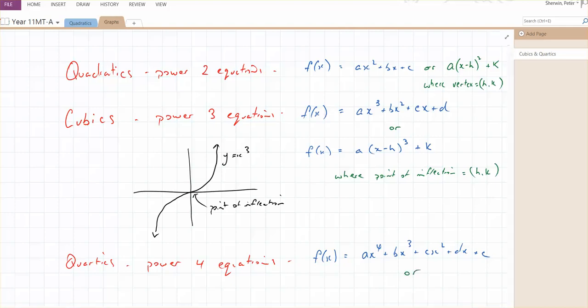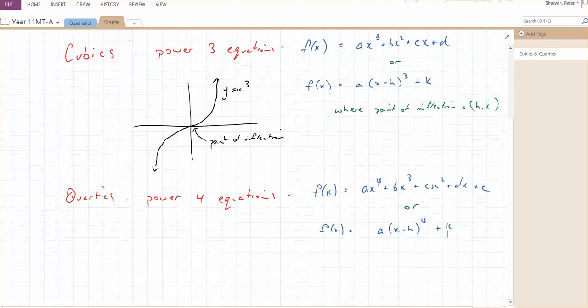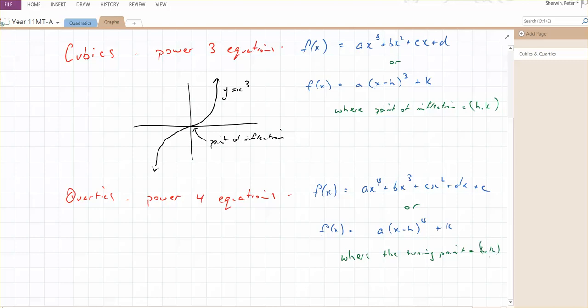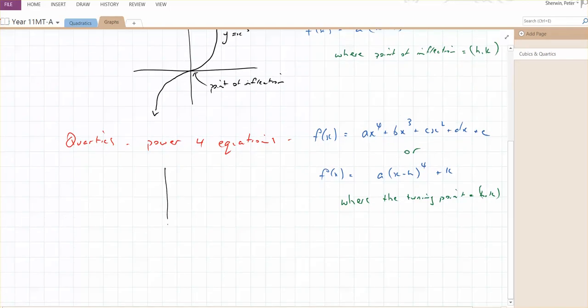It has another form that we're going to study, and that is the function of x is a outside of (x minus h) to the power of 4 plus k. And in this particular instance, that's where the turning point, or the vertex, is equal to (h, k).